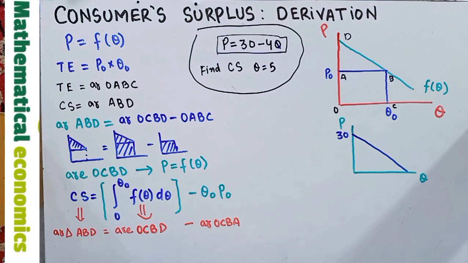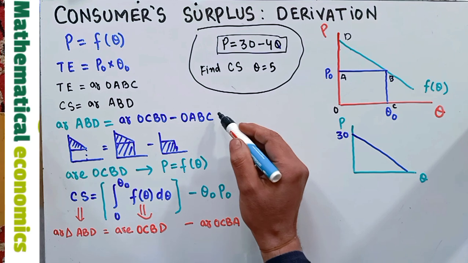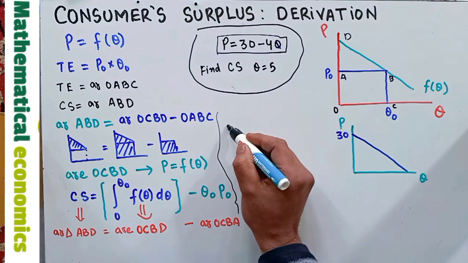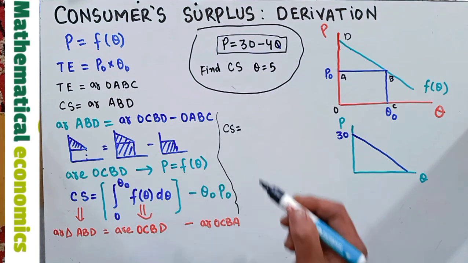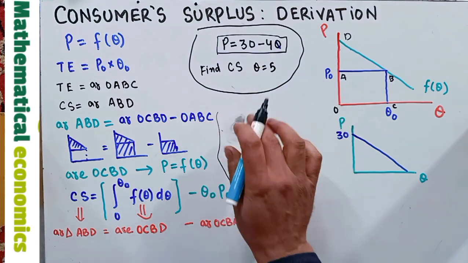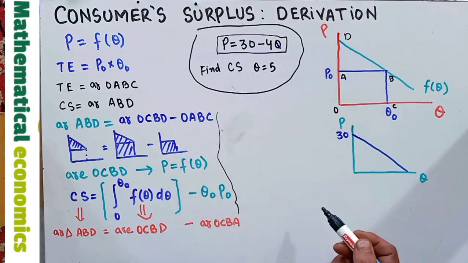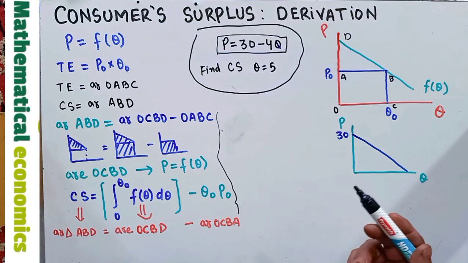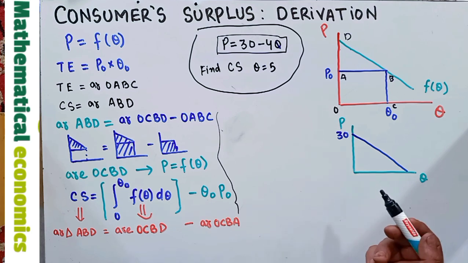Now to find out the consumer surplus, we will be using this very formula, and let's write it here. So consumer surplus will be equal to, given this demand function, first we need to find the initial price and initial quantity, that is the equilibrium price and quantity.